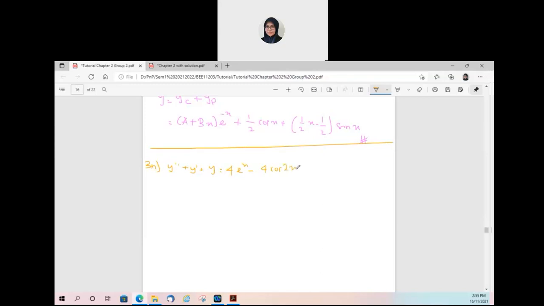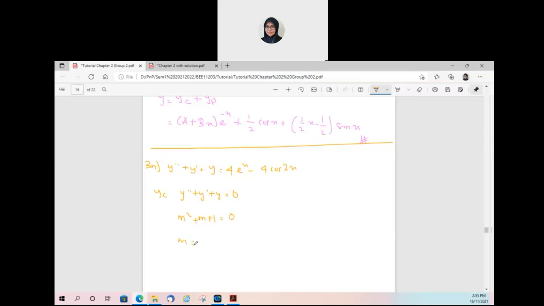Okay, so first step is we have to find YC. Okay, so YC is Y double prime plus Y prime plus Y equals to 0. Then we have M square plus M plus 1 equals to 0. So M equals to, ini you kena buat pakai apa?